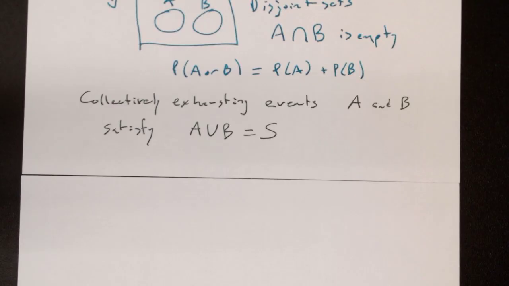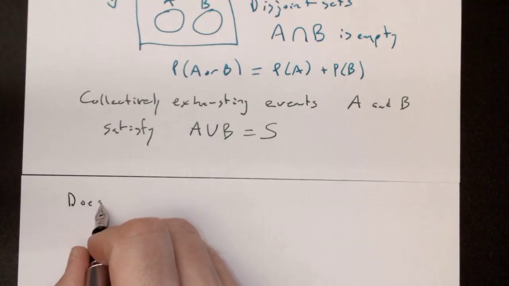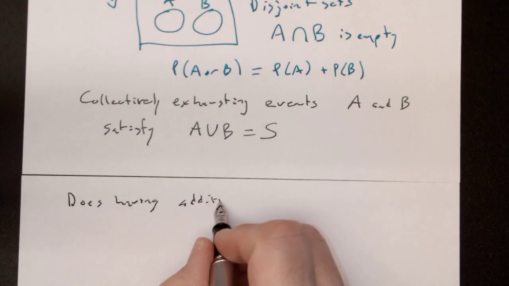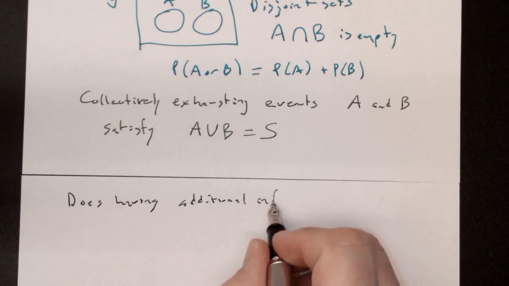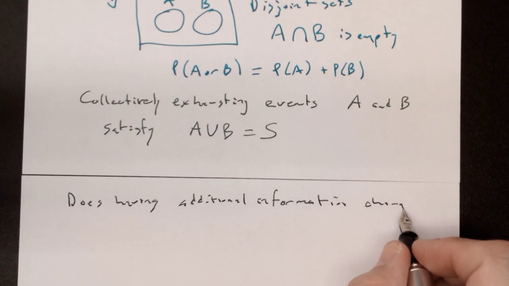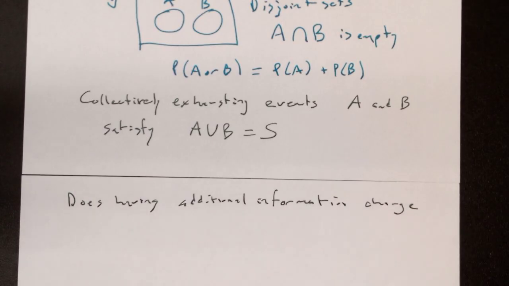So I don't know everything you've got. But I have that partial information. One of the questions is, does having additional information change my result, my probability?